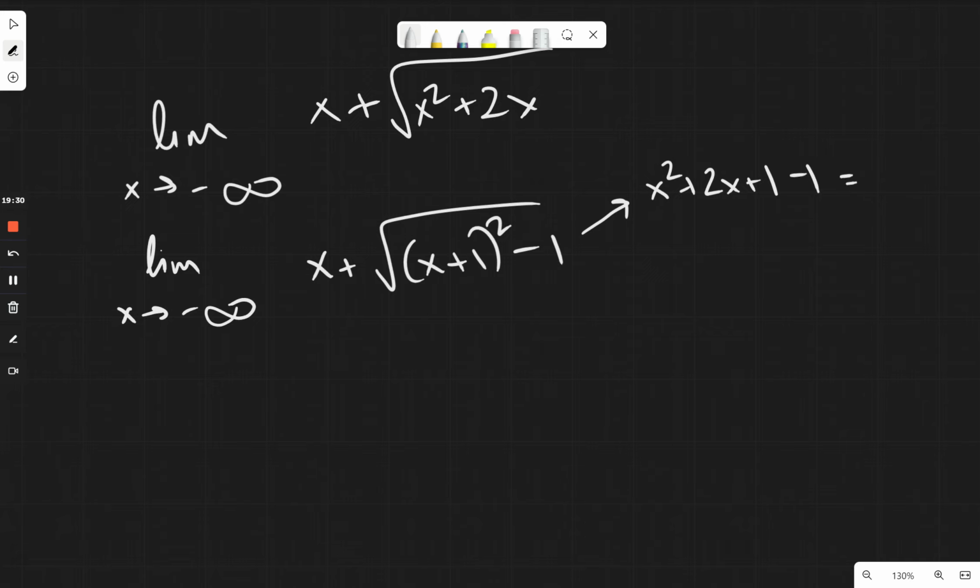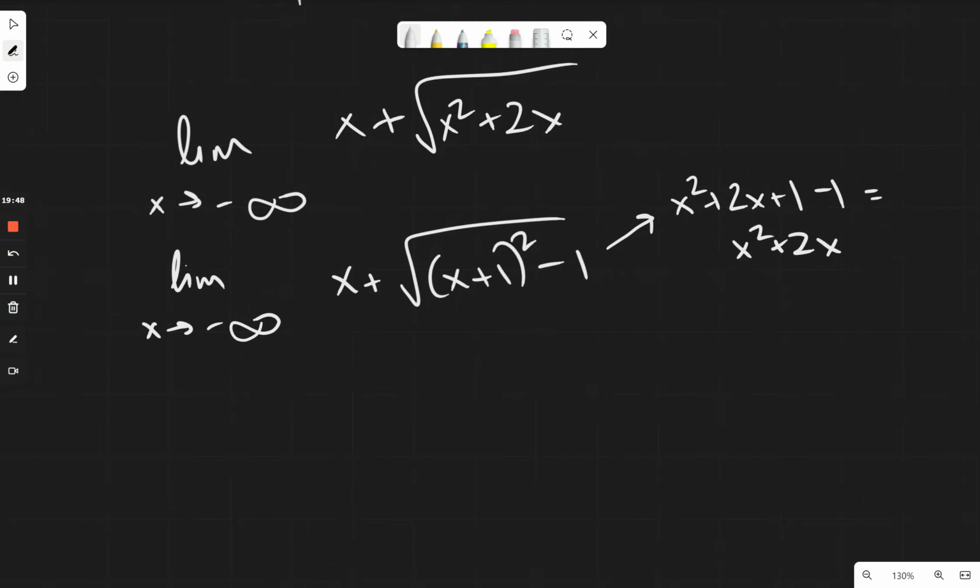That's the same thing as x squared plus 2x. So we're just taking this middle term, dividing it by 2 to get x plus 1 squared, because x plus 1 is half of 2, squared. That gives us x squared plus 2x plus 1, but the original inside was x squared plus 2x and nothing more, so we subtract 1, because we just added 1 when we squared this.